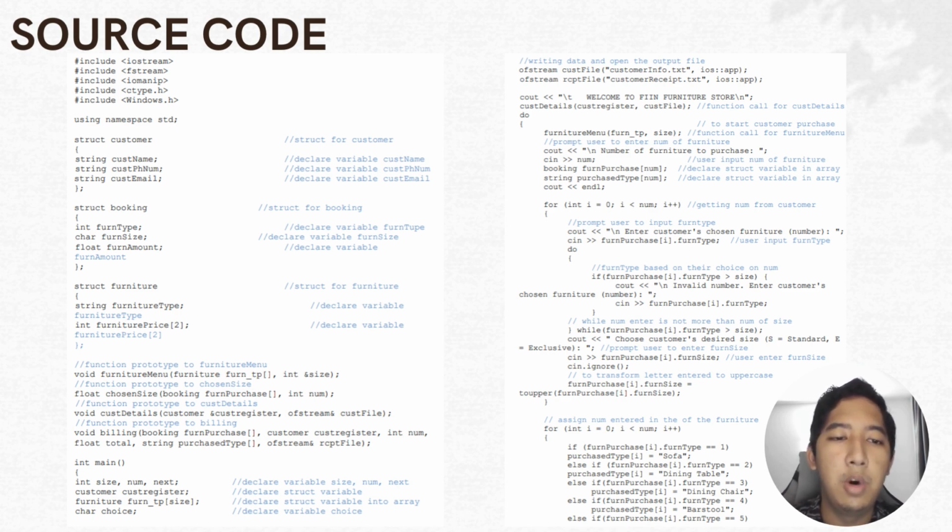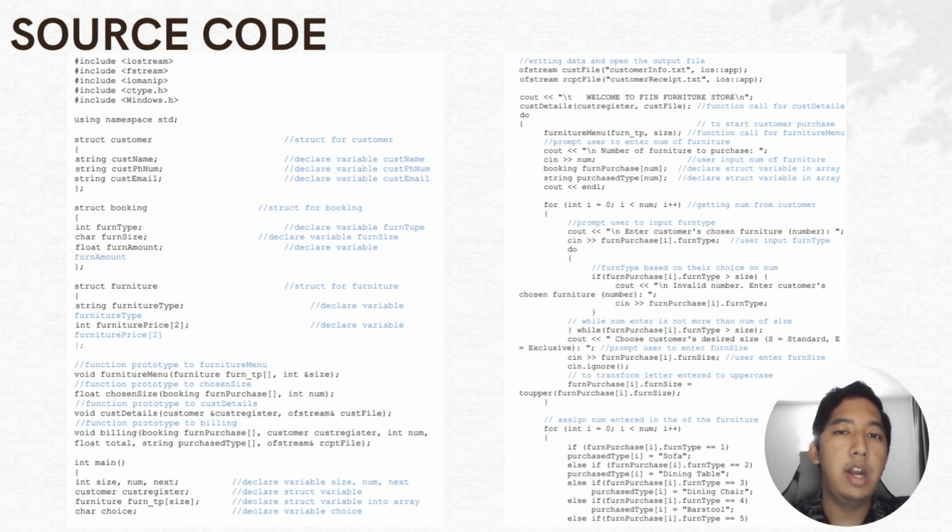And then we also ask the customer to choose the number of furniture to purchase, and we will assign it to variable num. And then we declare other variables that will be selected in our program.